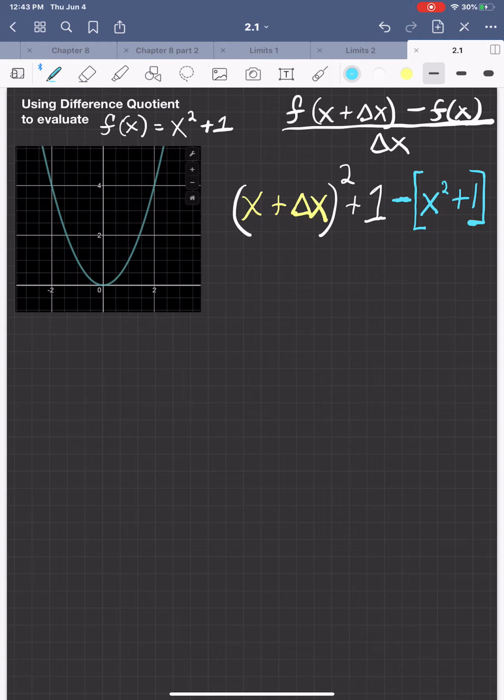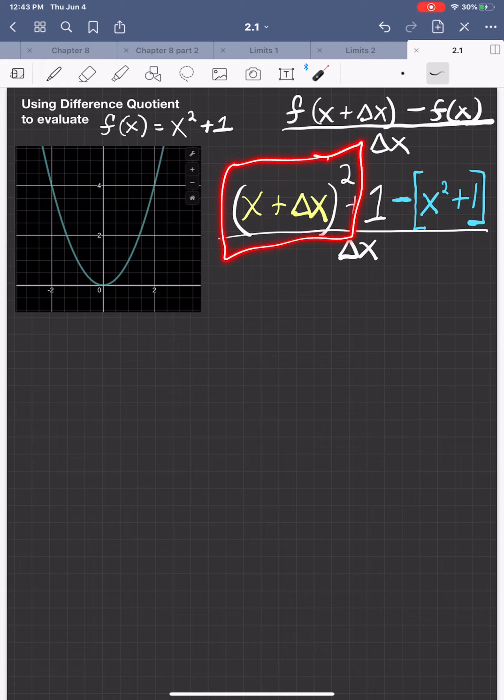Okay. Now, all of this is to be divided by delta x. So what happens right now? Well, I'm going to have to FOIL this out, and then I'm going to have to change some signs over here.